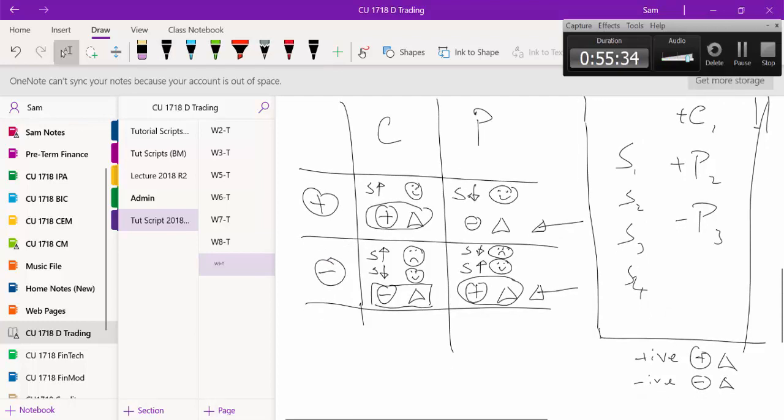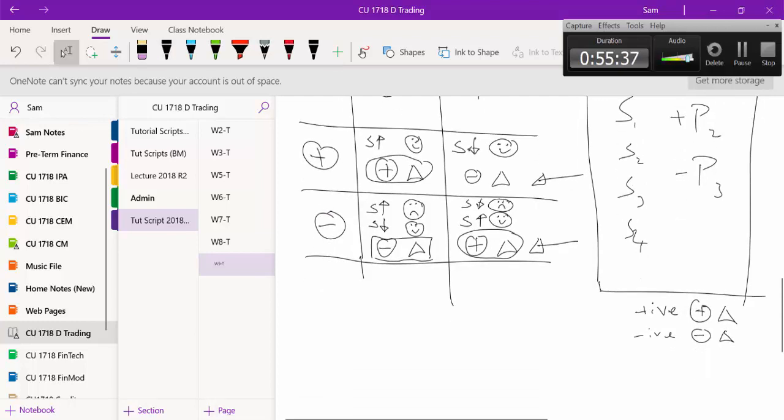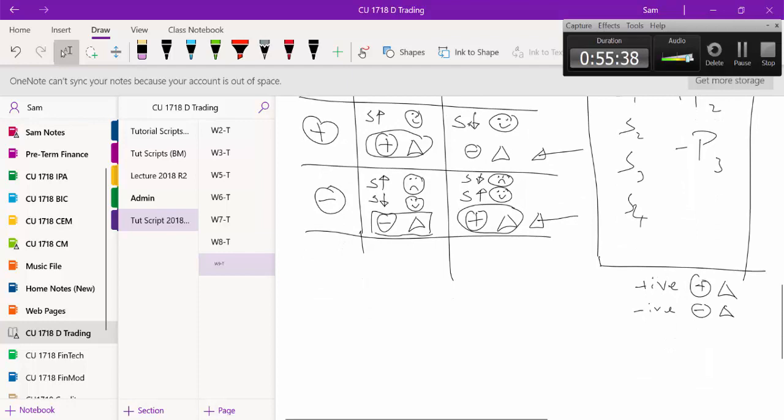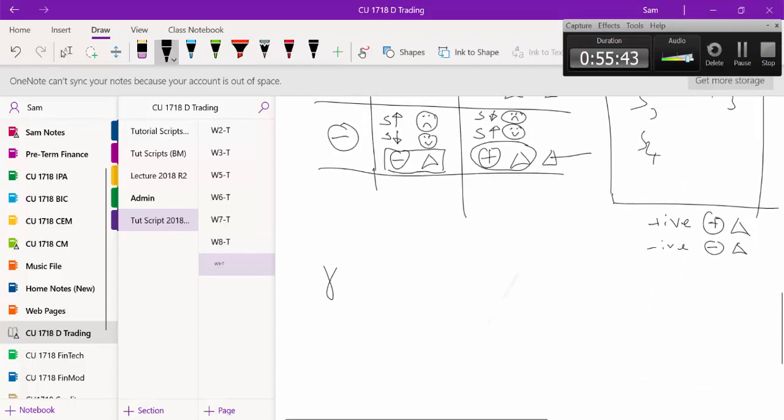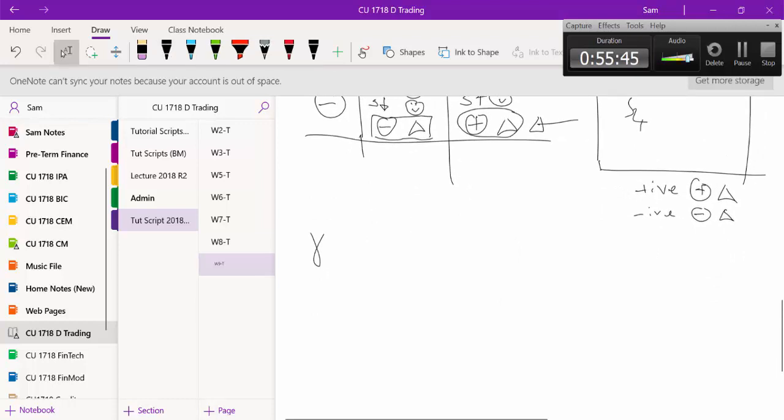Okay? Now, actually the same principles will apply to gamma. But gamma is simple. Gamma is a lot simpler, okay? If you are long an option, you will be long gamma. But if you are short an option, it doesn't matter whether it's call or put, okay?